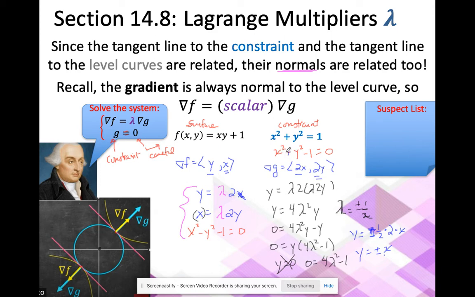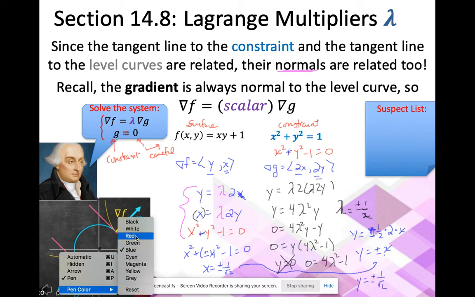Oops, sorry, this is a plus, isn't it? So x squared plus y squared. Since I'm squaring, it doesn't matter. So I get 2x squared minus 1 is equal to 0. 2x squared is equal to 1. So x is equal to plus or minus 1 over root 2, which means y is also equal to plus or minus 1 over root 2. Those are my suspects.